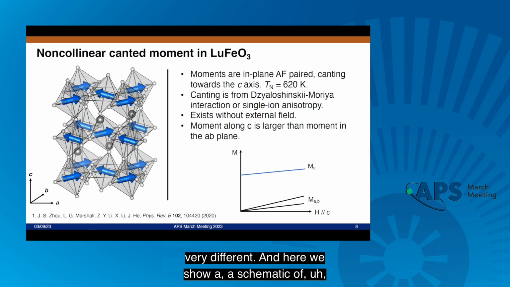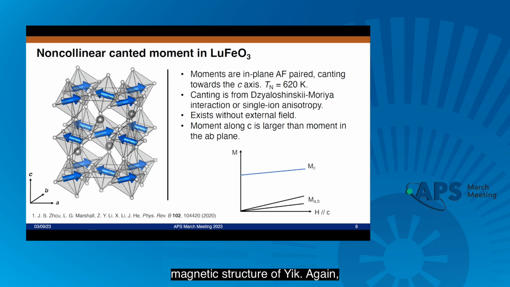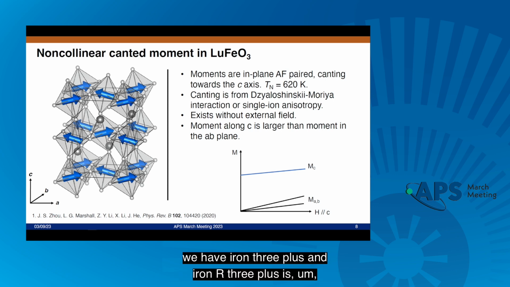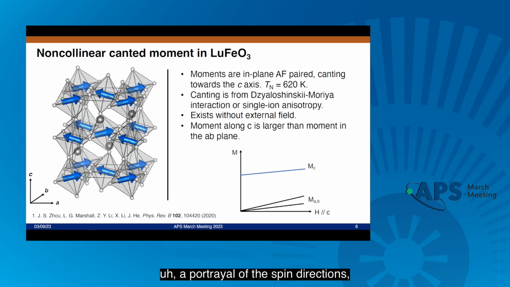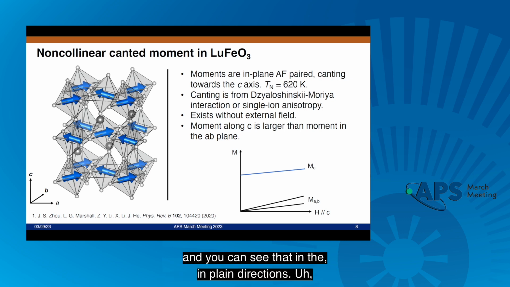And here we show a schematic of the magnetic structure of lutetium ferrite. Again, we have iron 3+, and iron 3+ is octahedrally coordinated with nearby oxygen. And the blue arrows here are a portrayal of the spin directions. And you can see that in the in-plane directions, in the ab plane, the moments are antiferromagnetically paired to each other, and there's a slight canting towards the c-axis direction.